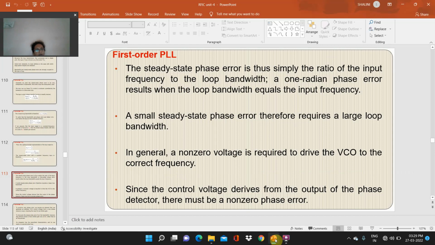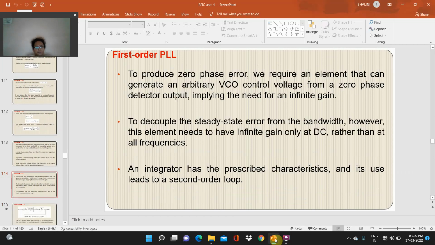In general, a non-zero voltage is required to drive the VCO to the current frequency. Since the control voltage derives from the output of the phase detector, there must be a non-zero phase error.